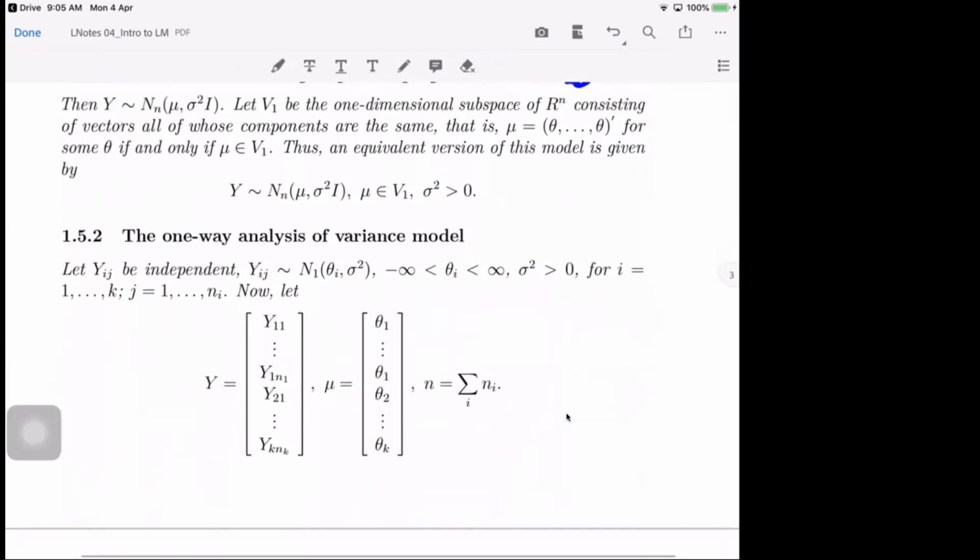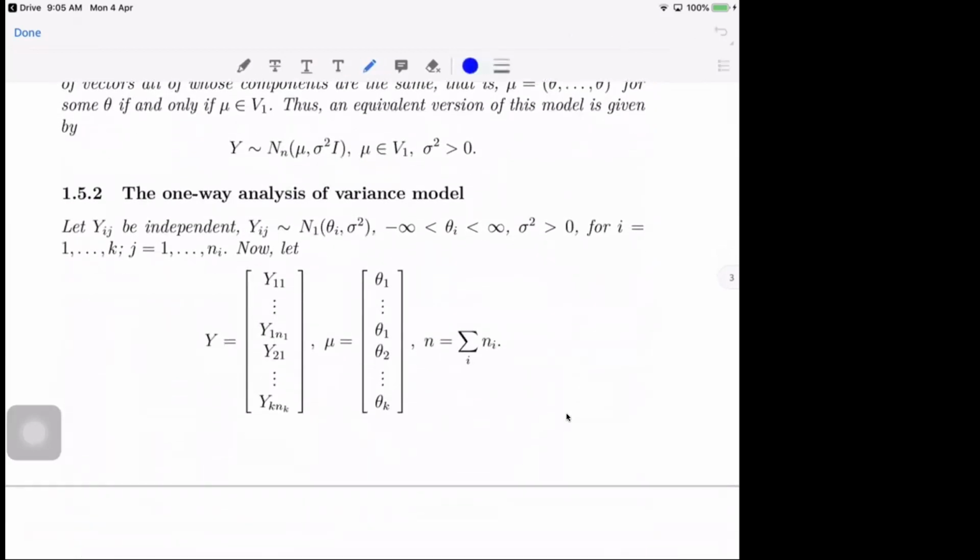Another is the one-way analysis of variance. In one-way analysis of variance, what we are doing here is trying to see if different treatments will be different.